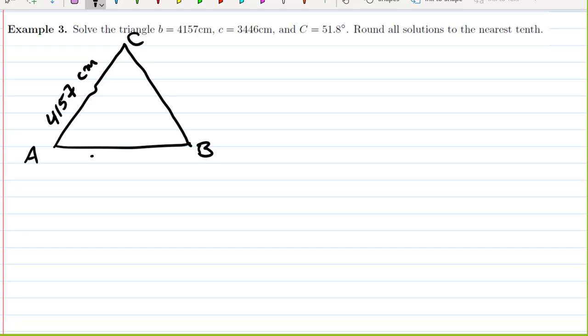Side C is 3,446 centimeters. Side A we don't know, and angle C is 51.8 degrees. So then, if we look at our situation here, we have side side angle once again.